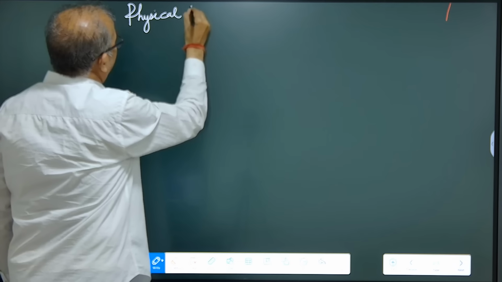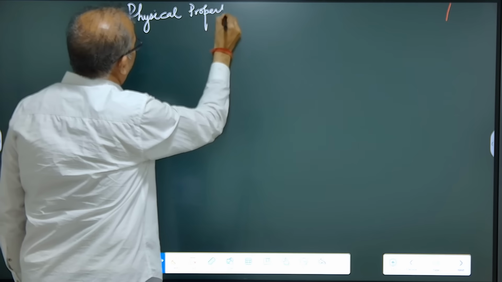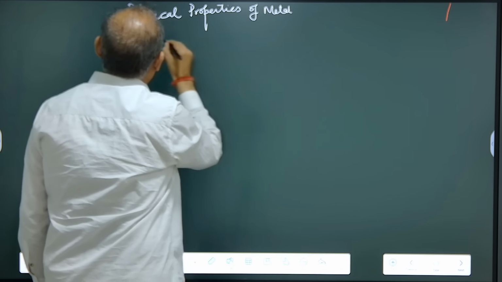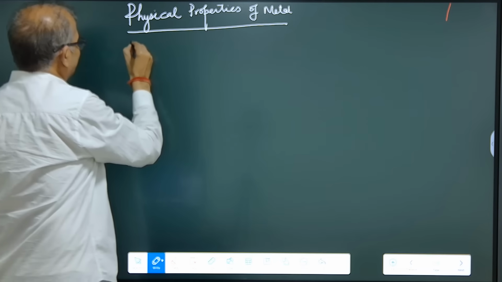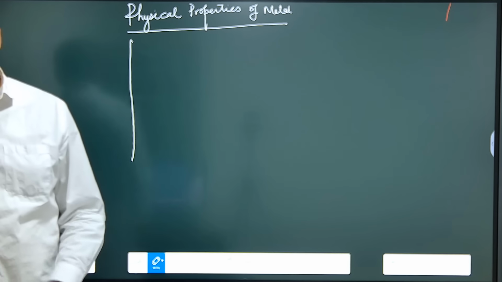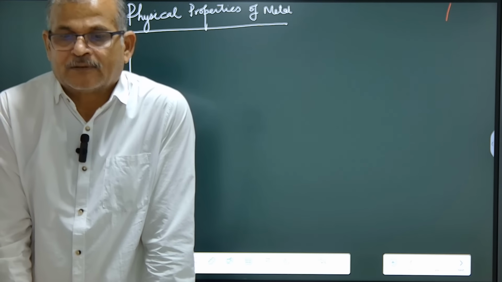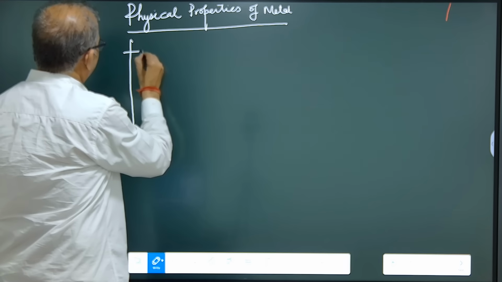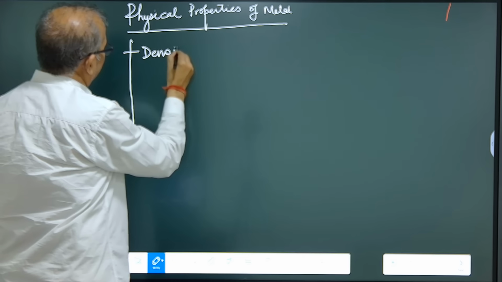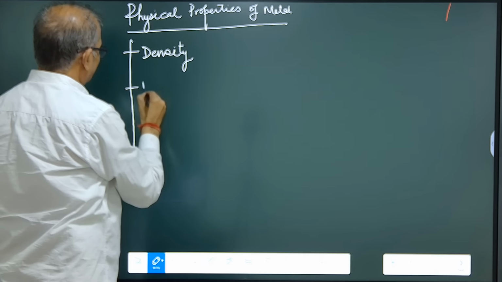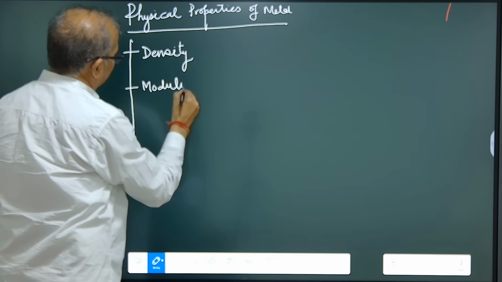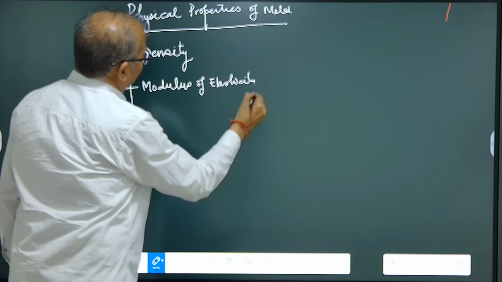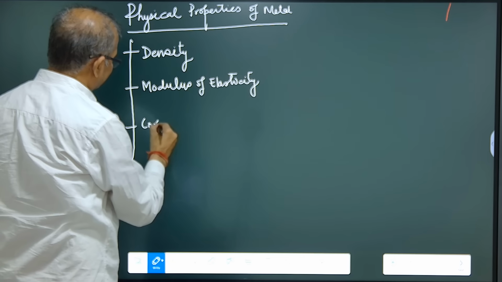Physical properties of metal. We determine the physical properties of metal, like density, Young's modulus, coefficient of thermal expansion, Poisson's ratio, and modulus of elasticity.